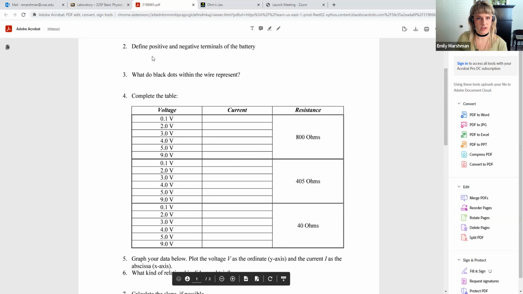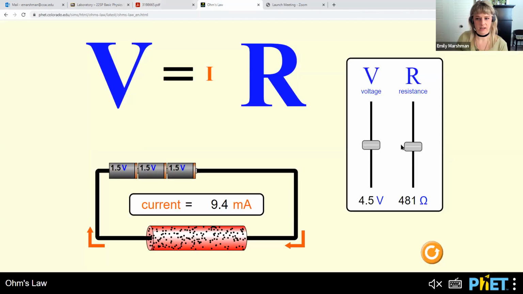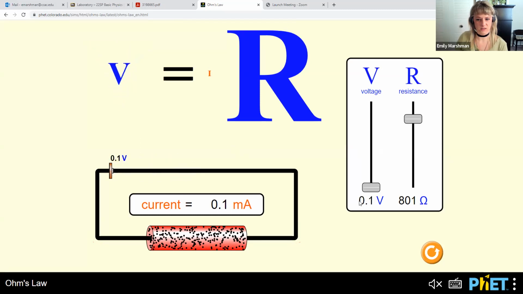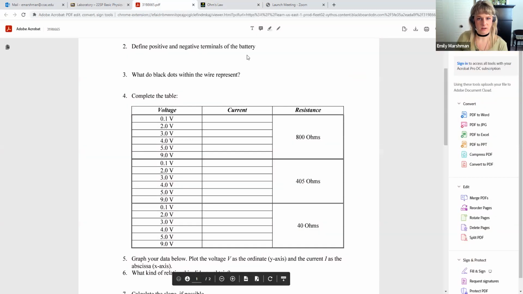So let's do that. 800 ohms. Sometimes it's hard to get it right exactly on 800. 801 is close enough. And you want to start off with the lowest voltage possible, 0.1 volts. Your current is 0.1 milliamps. So you're going to record that right here.